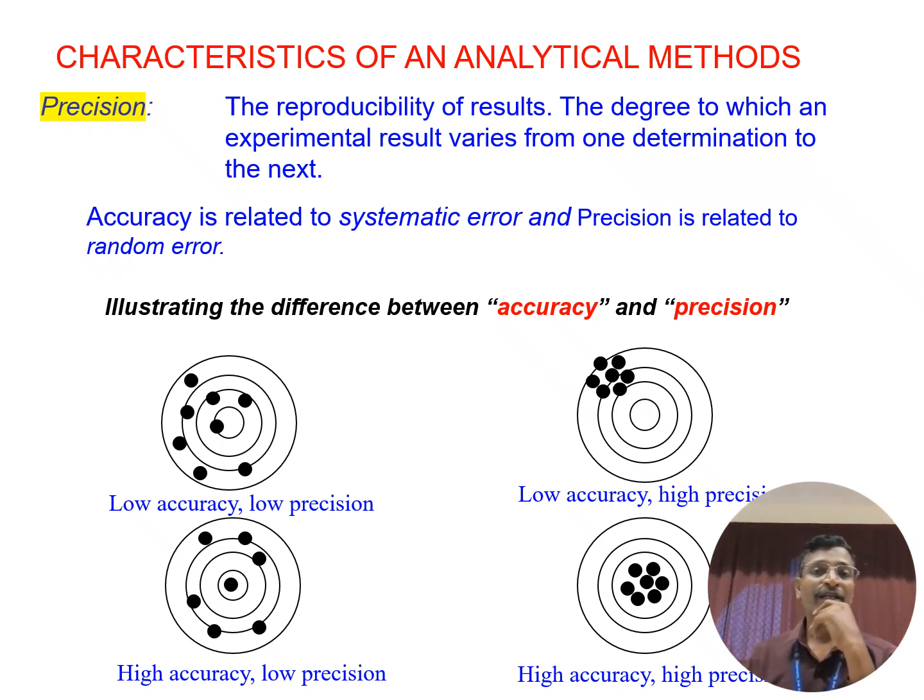Okay, so accuracy means if your result is very close to the true value, then it is more accurate. If your result is not close to the accurate value, but your 7 or 8 repeated measurements are very close, then your data is very precise.